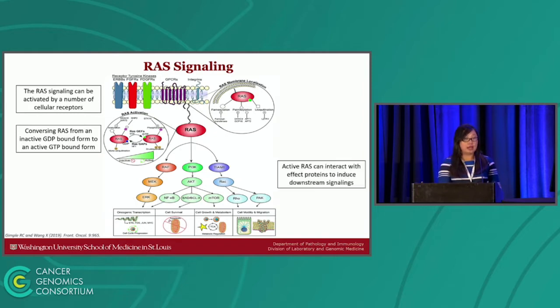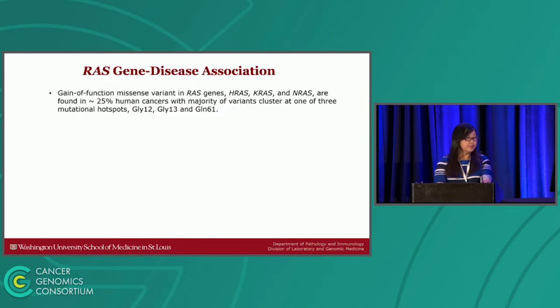After its activation, RAS can then interact with effector proteins to induce downstream signalings, such as the RAF MAPK pathways, PI3K pathways, and the TIAM1 RAC signaling as well. And then execute a variety of functions that promote cancer development, including oncogenic transcription, cellular survival, cell growth and metabolism, as well as cell motility and migration.